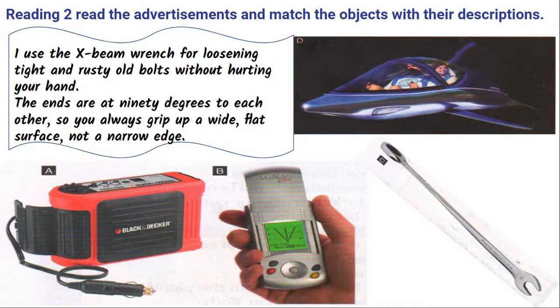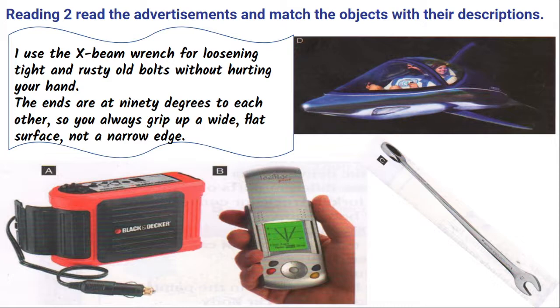Reading. Now read the advertisements and match the objects with their description. We have four advertisements that each refer to a specific picture. For instance, the first advertisement reads: use the X-beam wrench for loosening tight and rusty old bolts without hurting your hand.